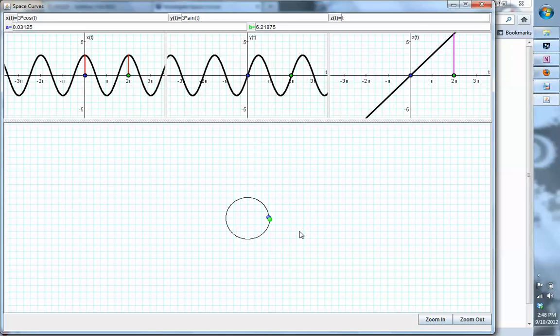So we changed this thing to T, and we see that, in fact, this is a spiral. Technically, we call this a helix. Okay, this is a helix. The helix, when you look down on it, looks a lot like the circle that it came from.